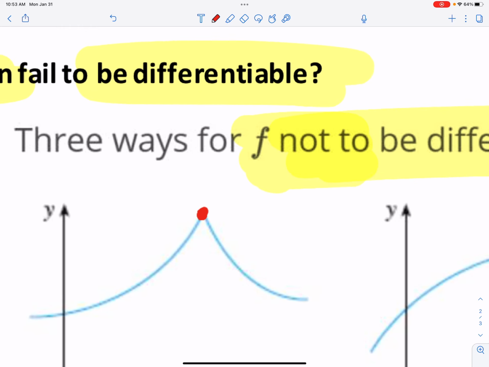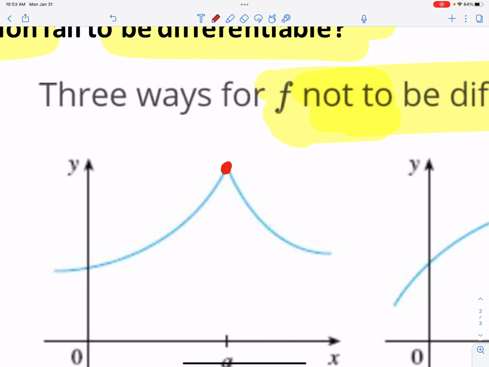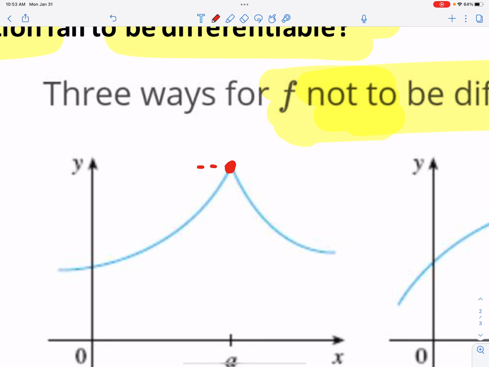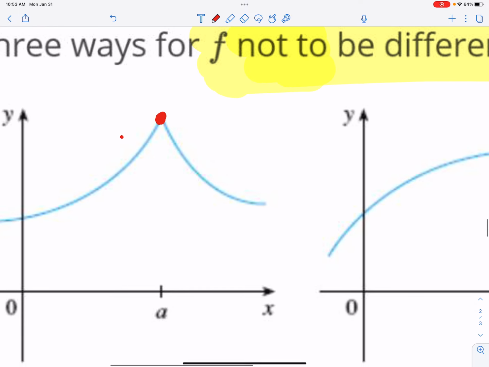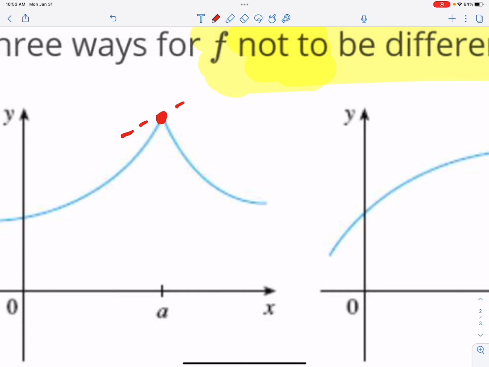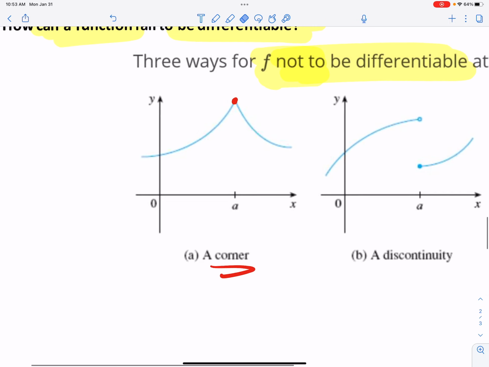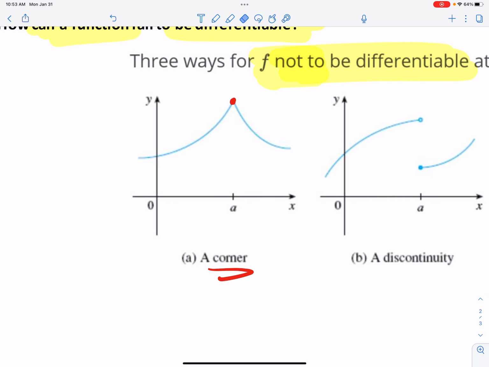The reason is that you could have this line as the tangent line, but you could also draw it another way. You could also draw this tangent line. That's technically a tangent line. That's why there's not a unique tangent line in those cases. There's no derivative because there are so many different ways to draw a tangent line. So that's one case in which you won't have a derivative, at a corner point like that.